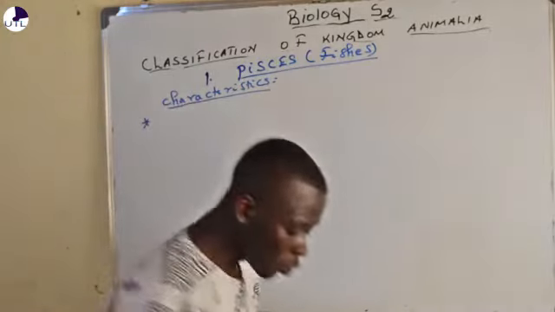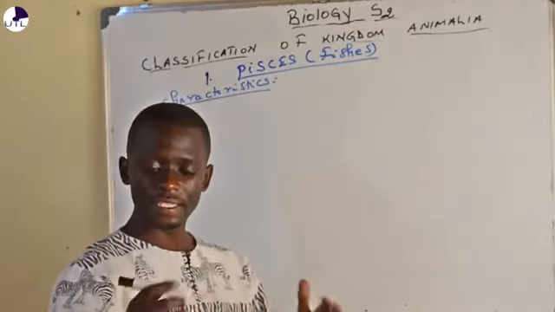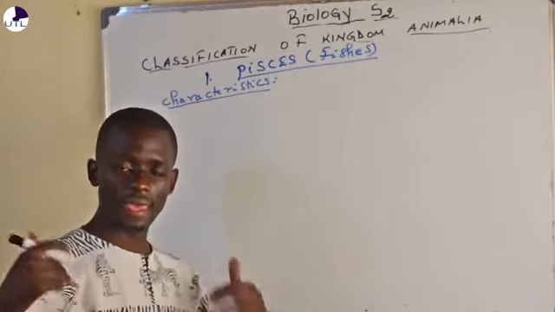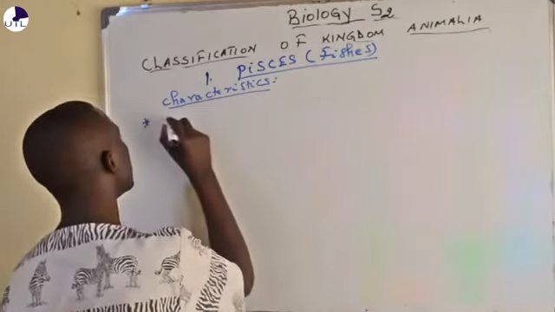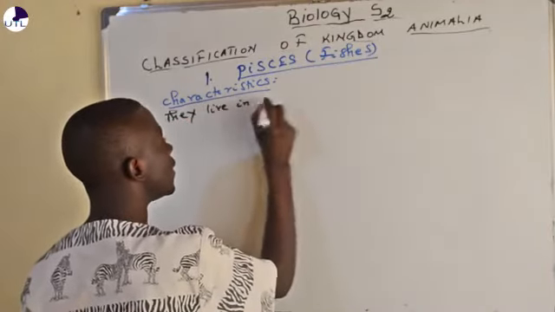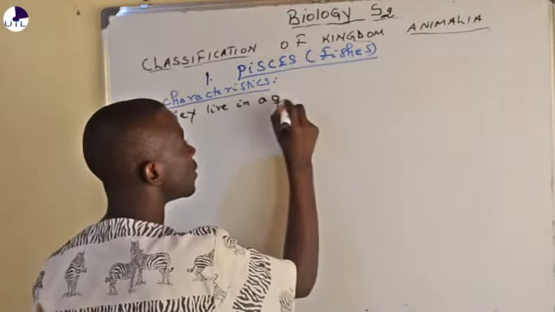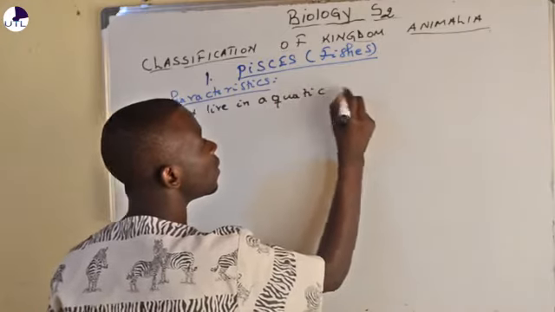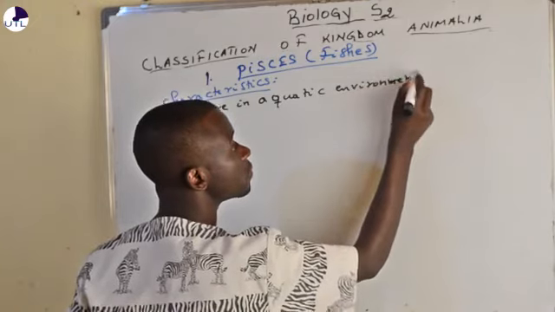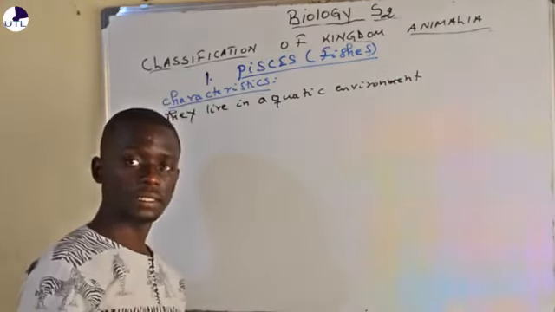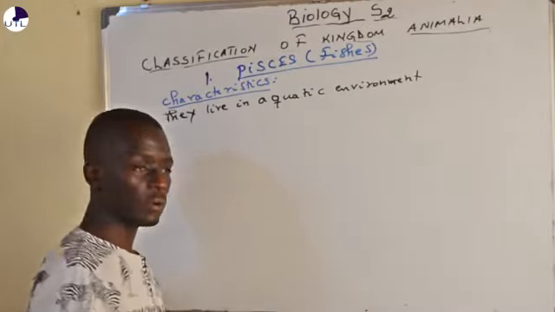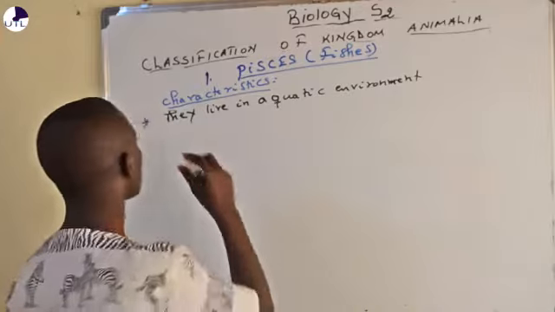Without going far, you all know the first characteristic of all fishes is that they live in the aquatic environment, okay? They live in water bodies, in oceans, seas, and lakes, without forgetting rivers.